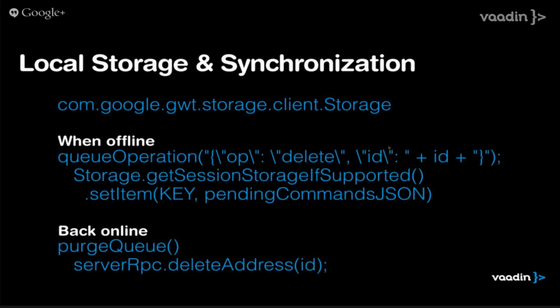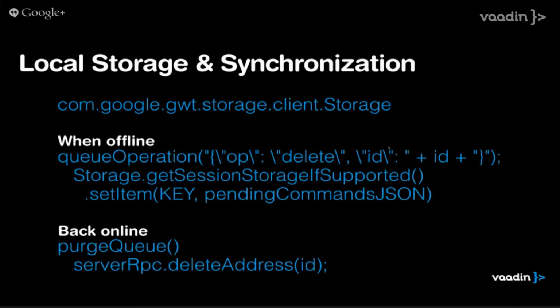In this example application, it was implemented in such a way that we have three basic operations: delete, edit, store. But basically the implementation converts these operations, serializes them to a JSON format, because the local storage in the browser is more or less string based, so we cannot store anything complex directly here.